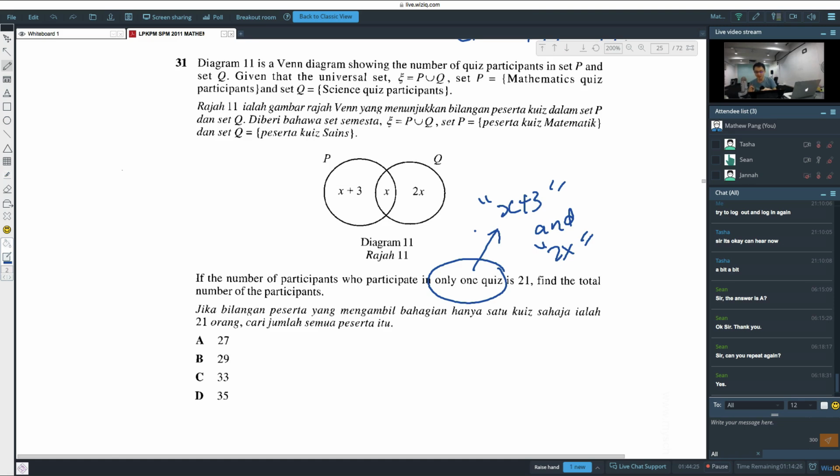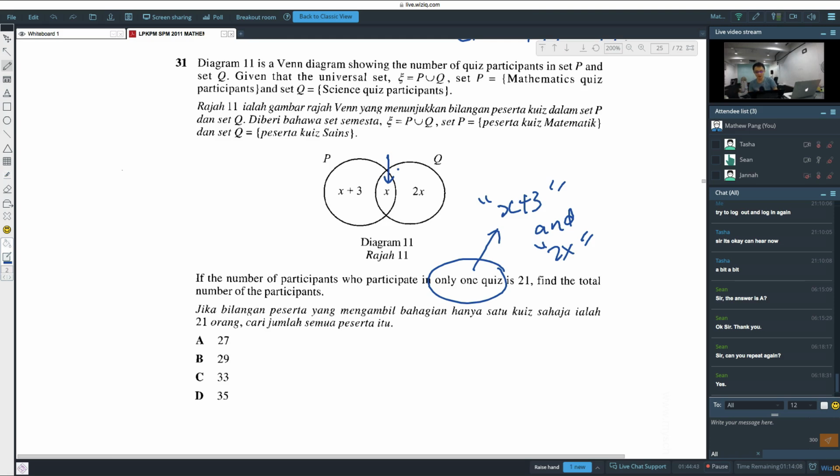For 2x, the participants participate in science only. For x plus 3, math only. However, do you see the x in the middle? The x in the middle means they participate in 2 quizzes, math and science. So we cannot include that one.